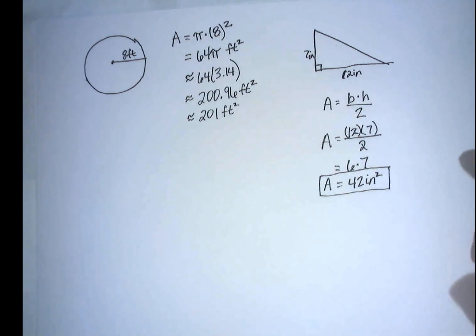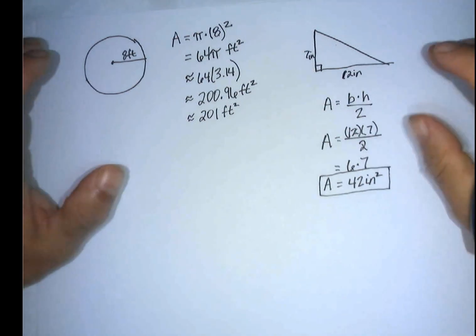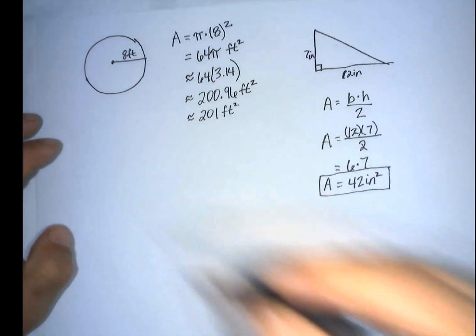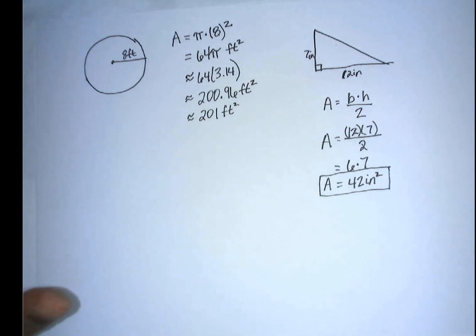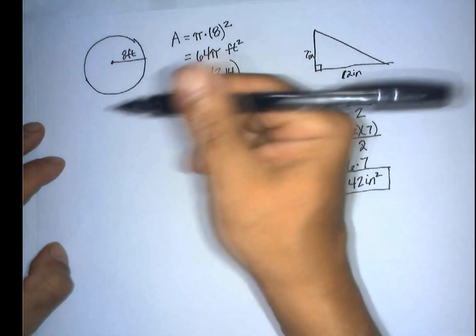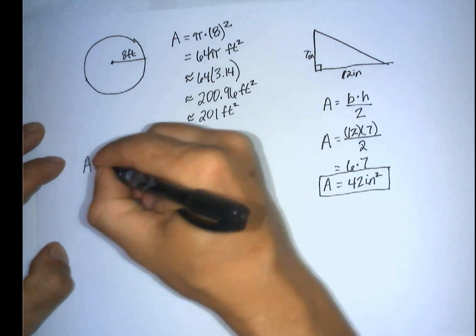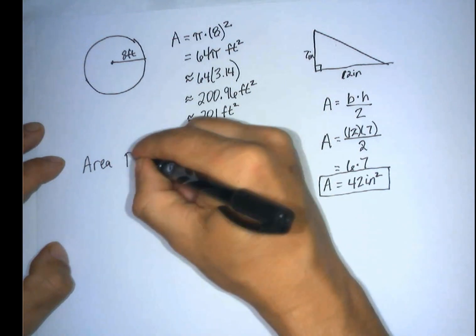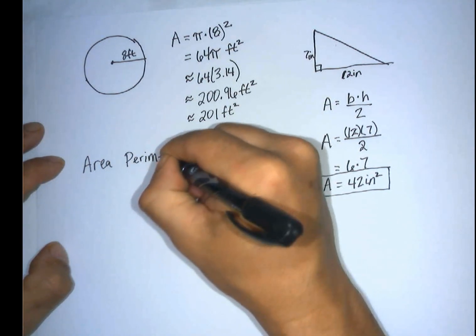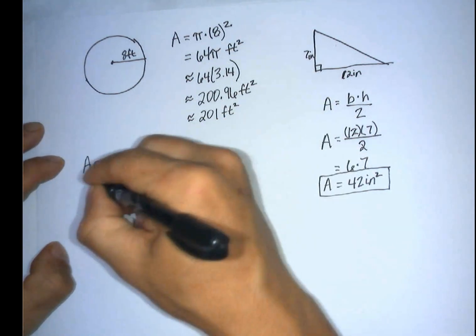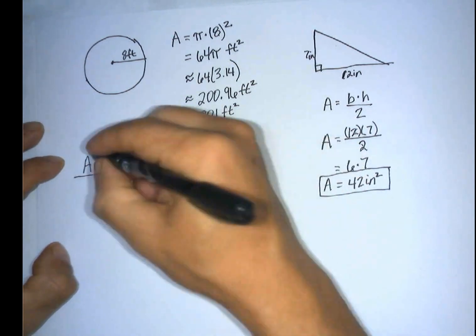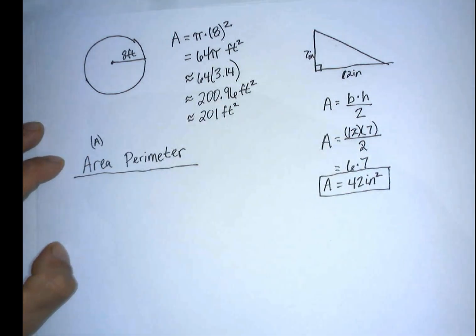And that, I'm going to conclude with, is the review of area of a circle, so area of basic shapes. So let's review those formulas again. Area and perimeter. Okay, so A is area and P is perimeter.